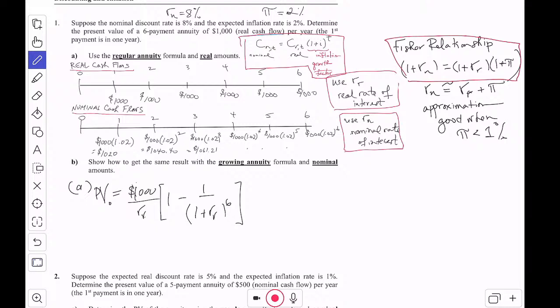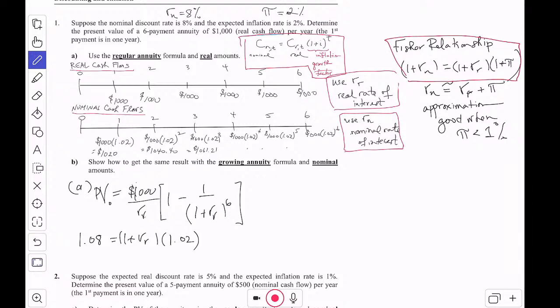So what is the real rate of interest? I'm going to use this relationship to find it. 1.08 from the top is equal to 1 plus the real rate, and then 1.02.